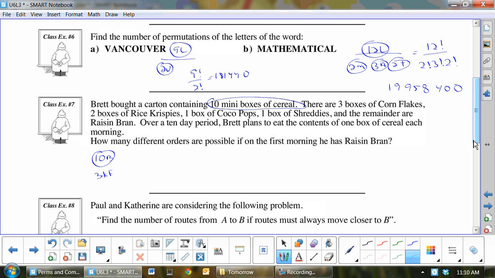Huh? 5 Raisin Bran? What are you on? Somebody talk to me here. How many? This one is supposed to be the hard part. 2 Rice Krispies, right? Where are you getting 3 Rice Krispies? It says 2 boxes of Rice Krispies. Okay, what else?